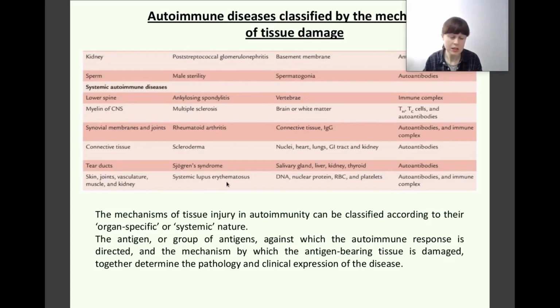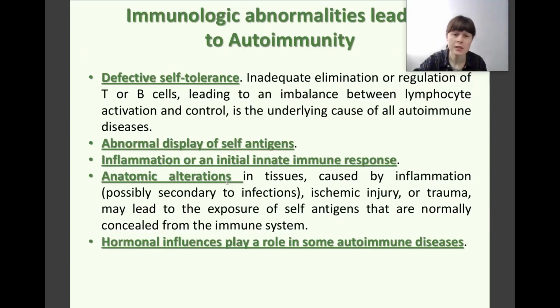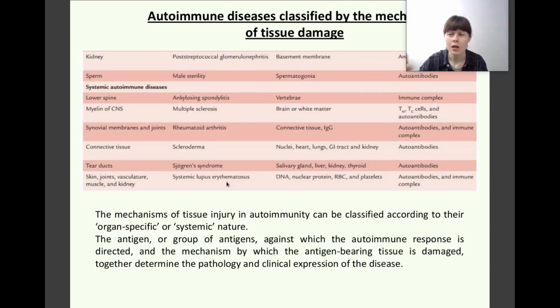A variety of these human diseases are caused by immune responses to non-microbial environmental antigens. This means that based on tissue damage, we are exposed to a lot of self-antigens, and based on the anatomic alteration of this tissue, we have systemic autoimmune disease, or in the case of the kidney, post-streptococcal glomerulonephritis can be an organ-specific autoimmune disease.